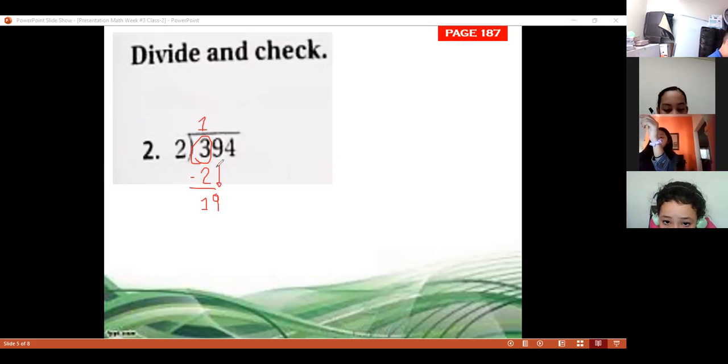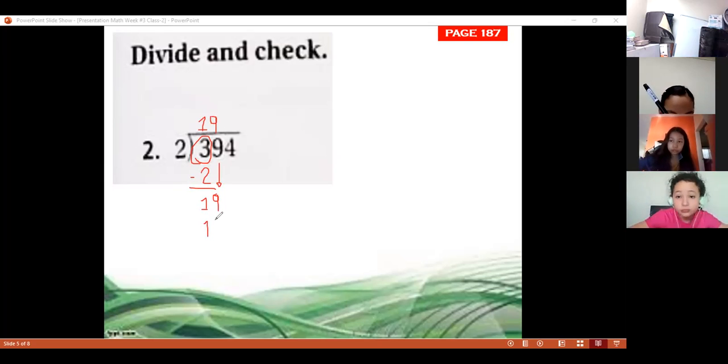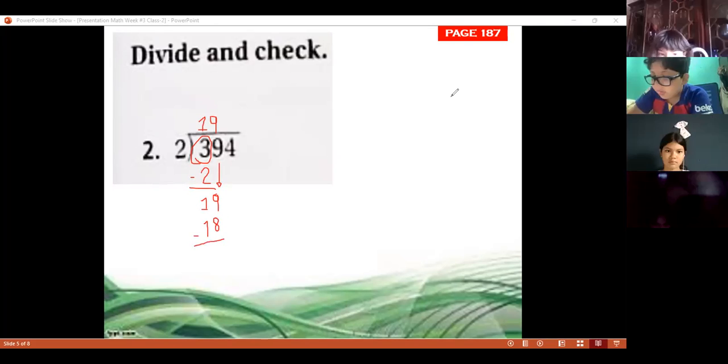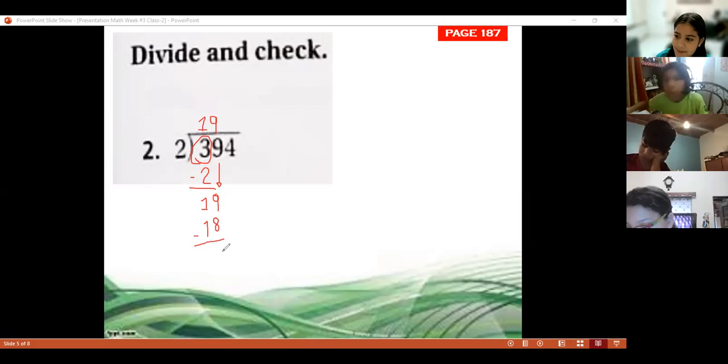18. But what is in the quotient? 2 times 9. 2 times 9 is 18. And we subtract 19 minus 18. What is the answer? It is equal to 1. Okay, but 18 and not 19, because we have 19.